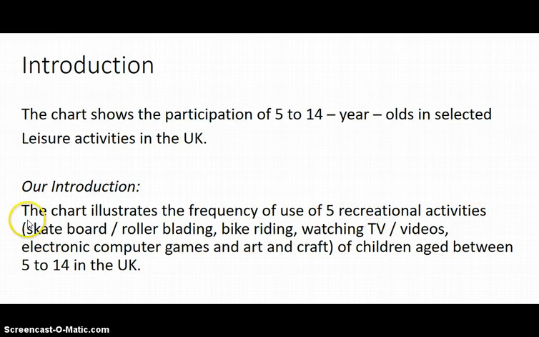And using brackets, I'm now going to list the activities that I saw in the chart. And they were skateboarding or rollerblading, comma, and when I make a list I need to put comma, bike riding, comma, watching TV or videos, comma, electronic computer games, and, so before the very last aspect of the list we put and, art and craft, and bracket closed.